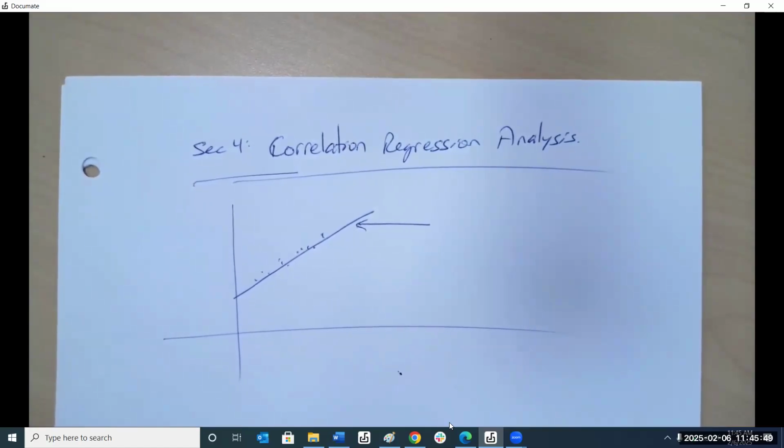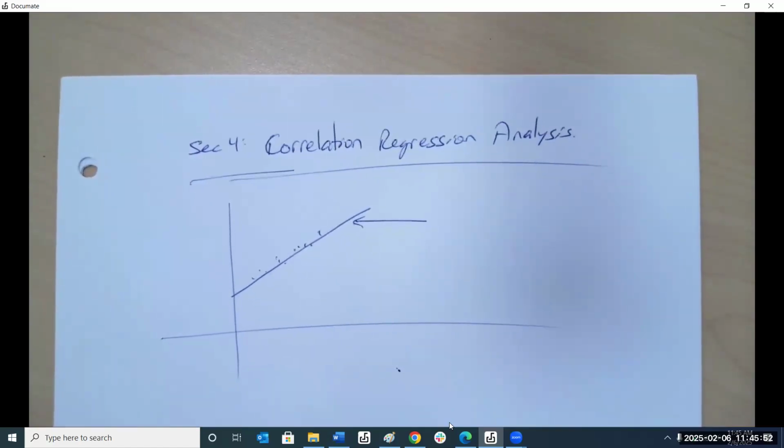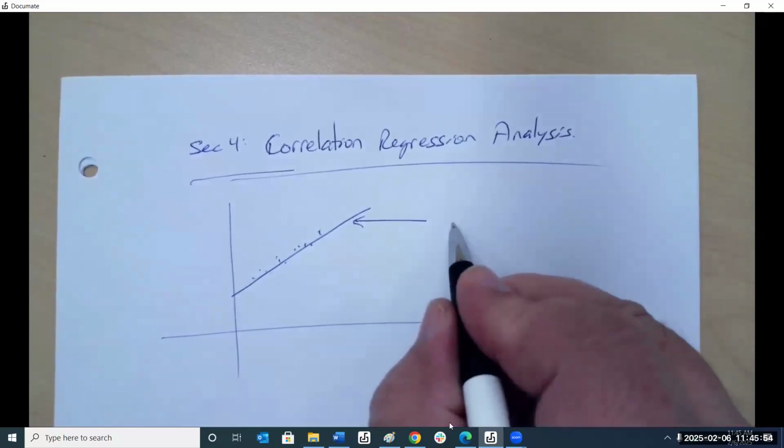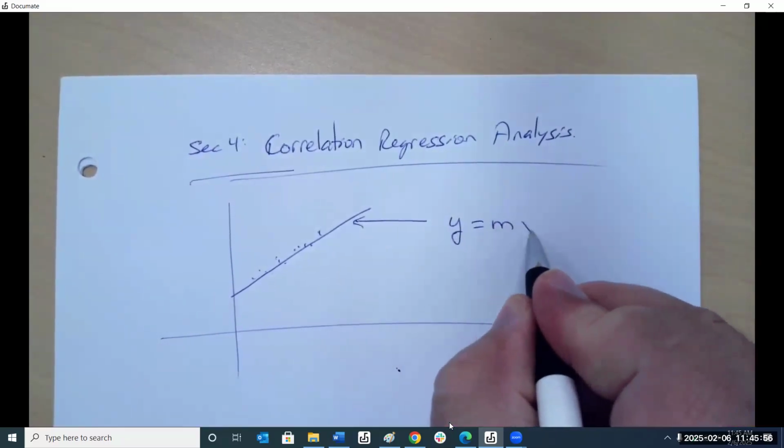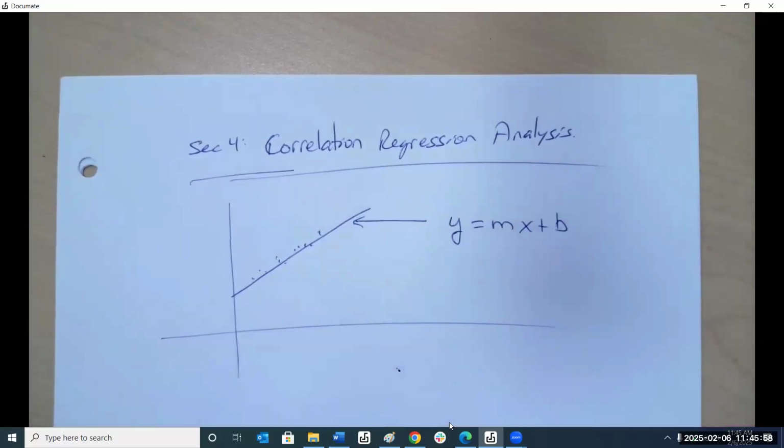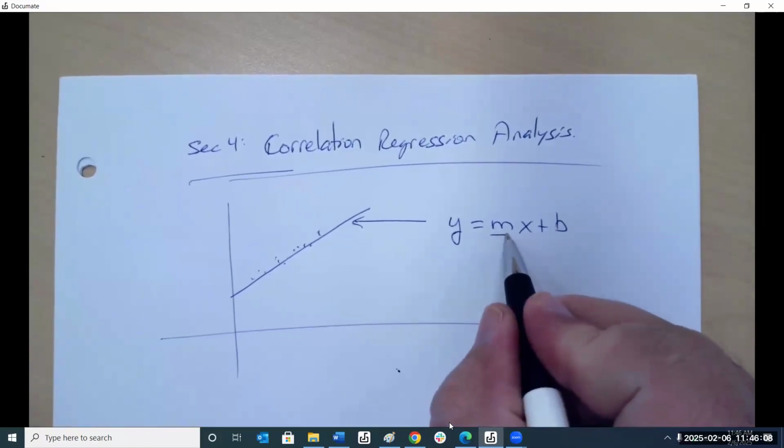So what formula do we have for equations of lines? Y equals mx plus b. What do all these letters represent? What does m represent?